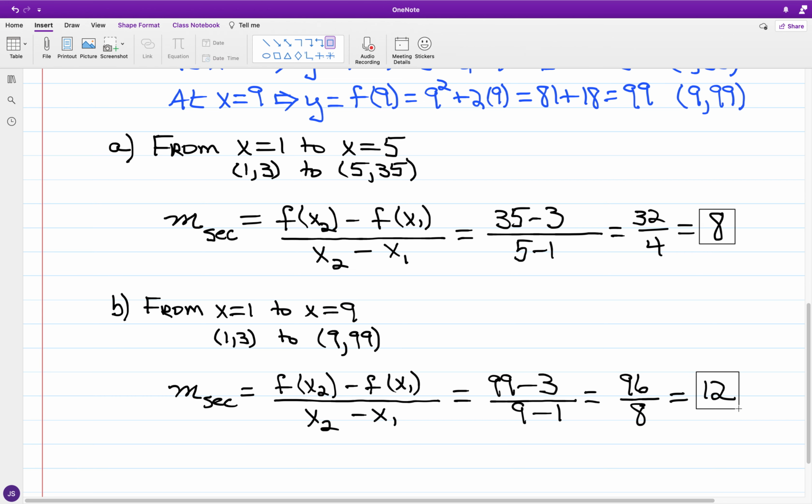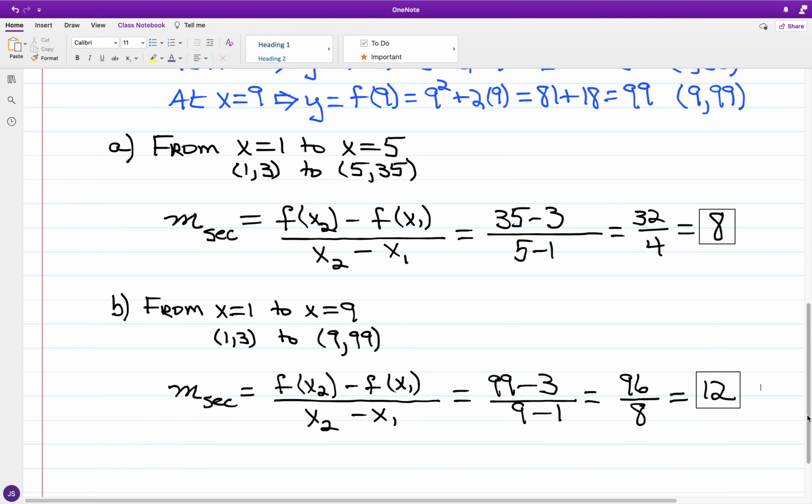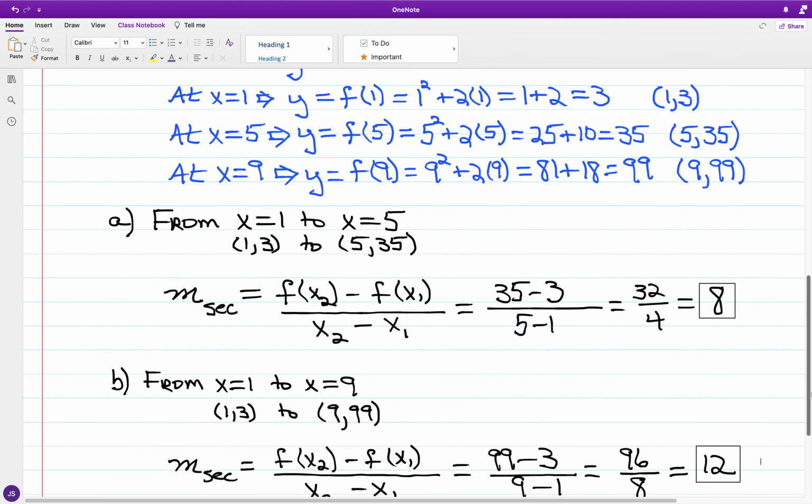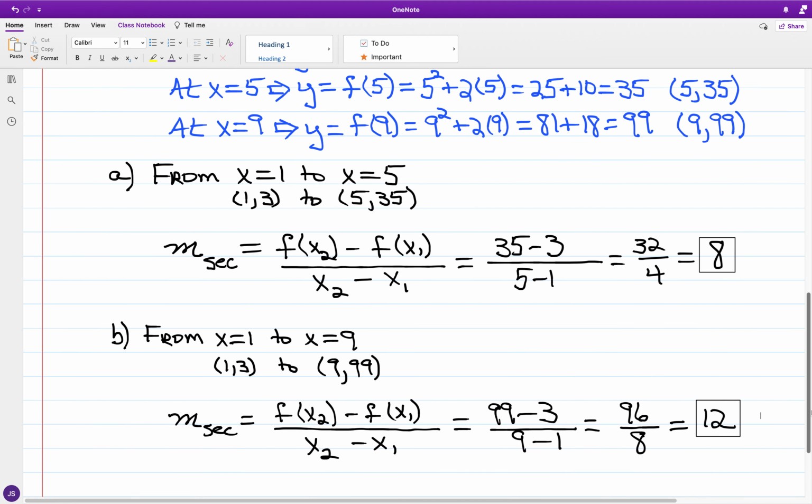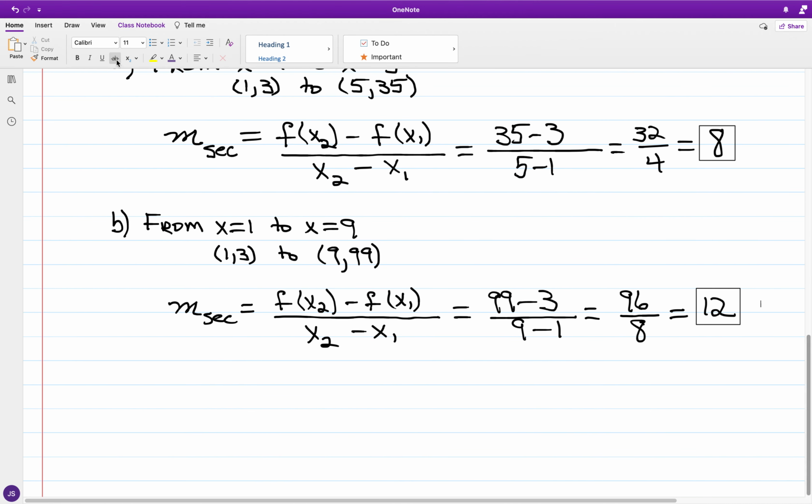And to provide a little bit of a visual, again, average rate of change is just a way of saying slope between, or connecting, or going through 2 points, and just looking at the dynamics.